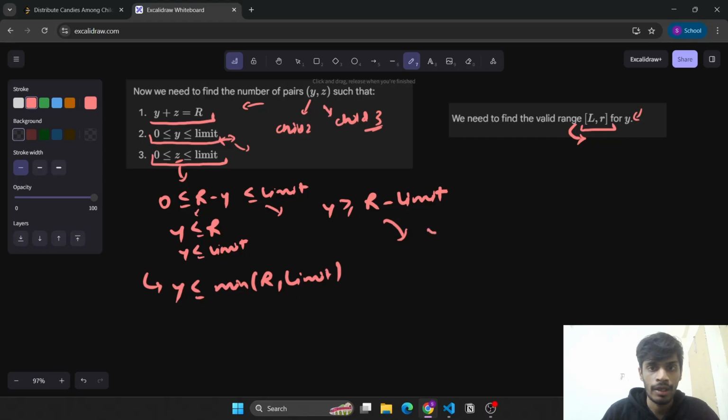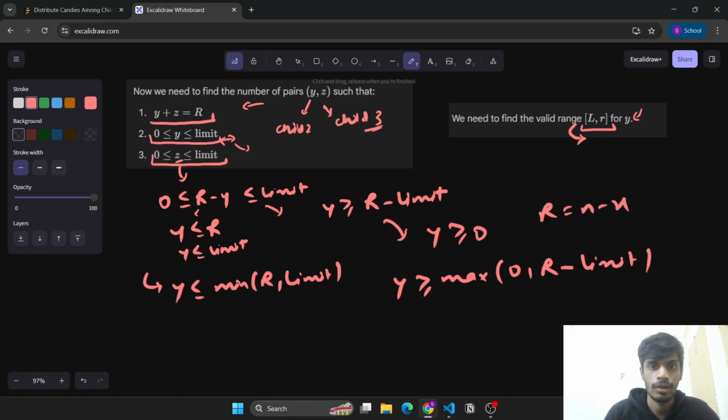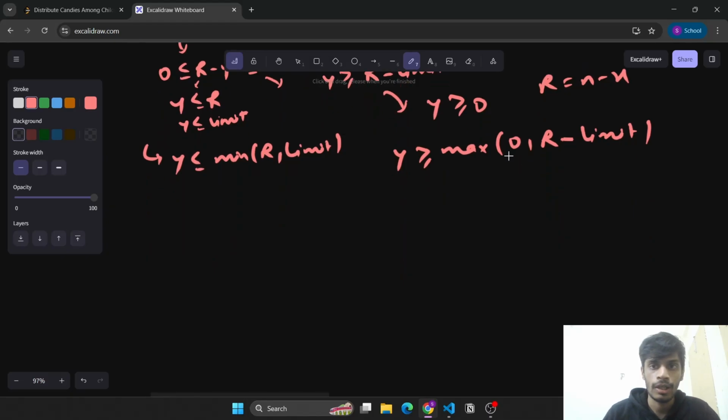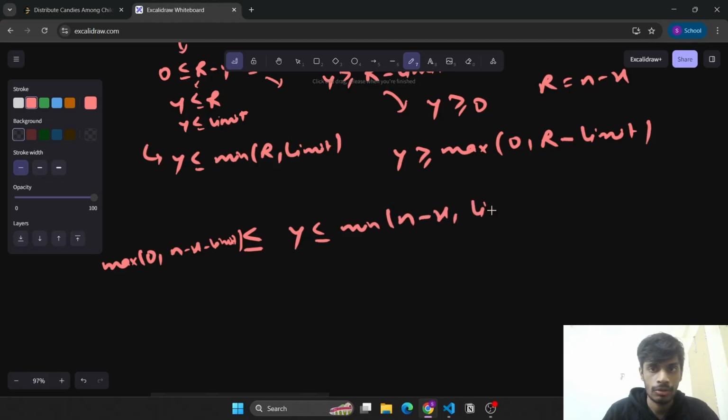And since y is greater than or equal to 0 as well, hence y should be greater than or equal to max of 0 comma r minus limit, and here r is n minus x, right? Hence we have got a range for y, that is y is greater than or equal to max of 0 comma n minus x minus limit, and it is less than or equal to minimum of n minus x comma limit.